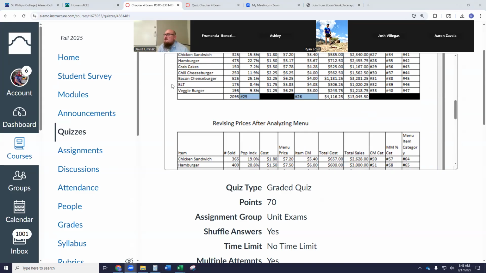No, because typically what I will do in Canvas is I'll give you a margin of error. So for example, let's look at these chili cheeseburgers right here, at 11.9%.